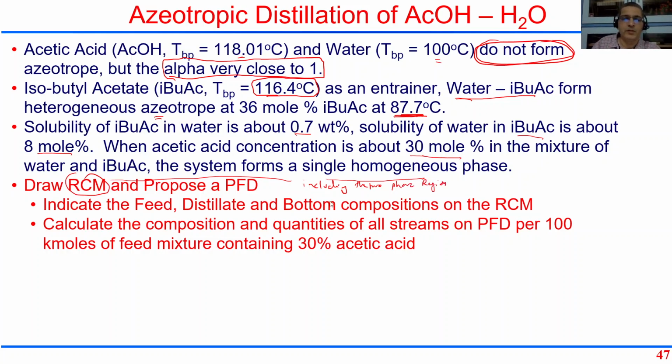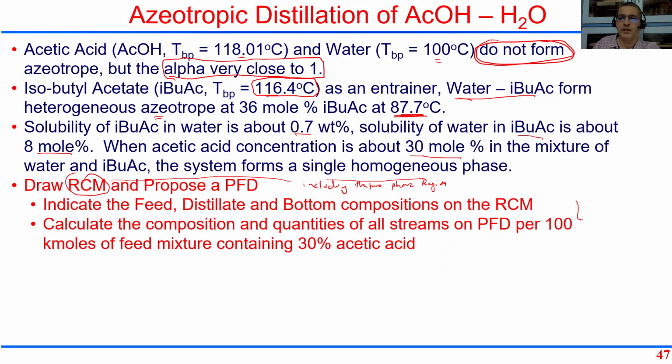Again, I want you to draw acetic acid at the top vertex, water and butyl acetate on the two sides of the bottom of the triangle. Okay, do this. I want you to do it yourself, and only when you have done it yourself, go forward.